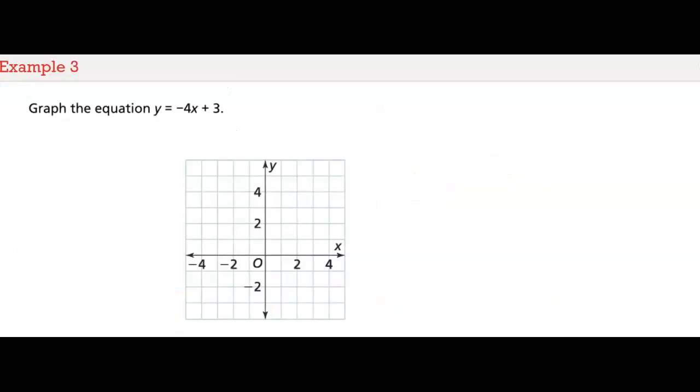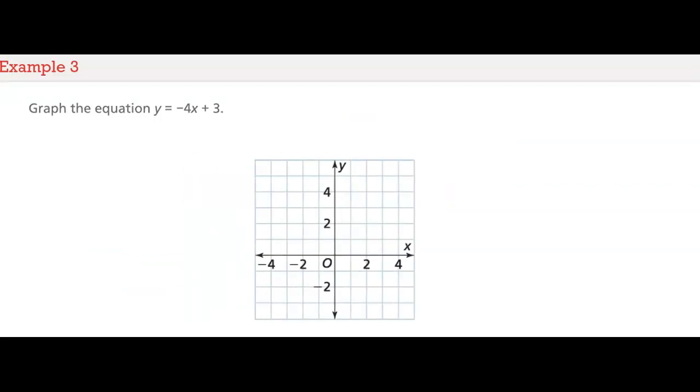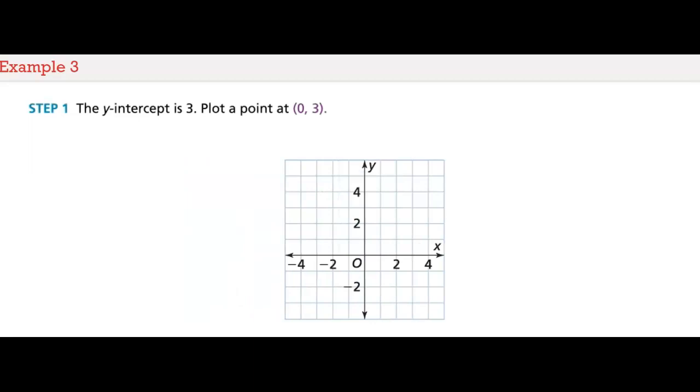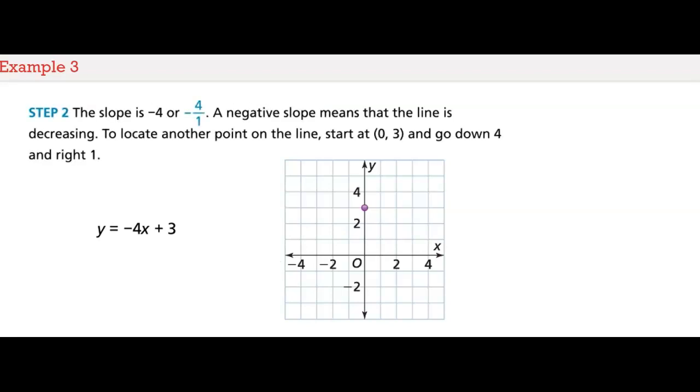Graph the equation y equals negative 4x plus 3. The first step is to use the equation to identify the y-intercept, which is 3. Plot the y-intercept at the coordinates 0, 3. The next step is to use the equation to identify the slope, which is the coefficient of x. The slope is negative 4, or negative 4 wholes.